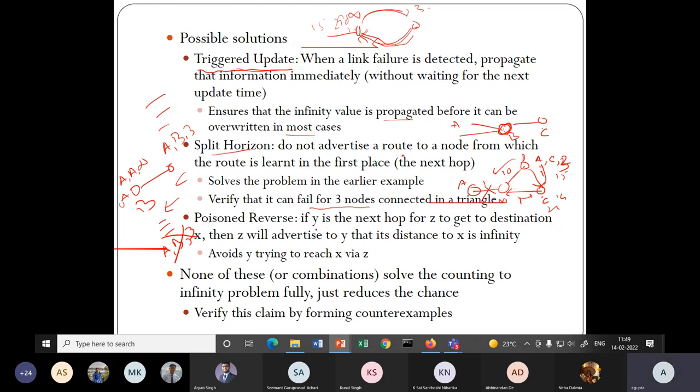So the same thing basically, Y is the next stop for Z. If you have a Z, Y, and X. So Z is reaching X through Y. Then when Z sends its routing table, it advertises all the other routes that Z can reach. Along with that, it will send you X, Y, infinity.